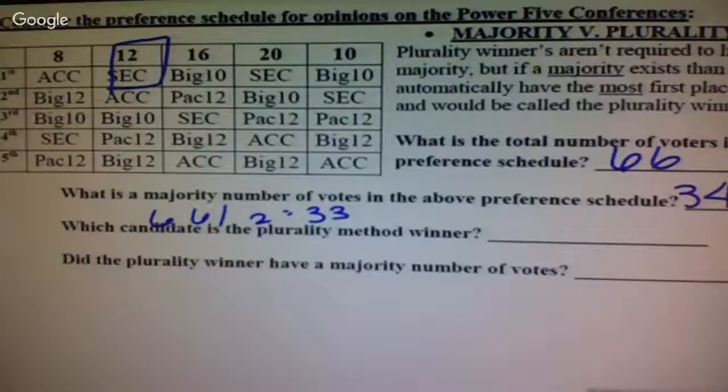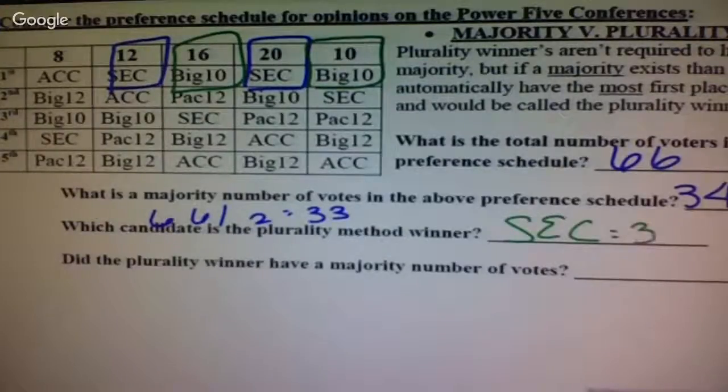So SEC has 12 here and 20 here, which gives them 32. Big Ten takes this column and this column, which only gives them 26. So this one's actually going to go to SEC. And we said that they had 32. Do they also have majority? No.